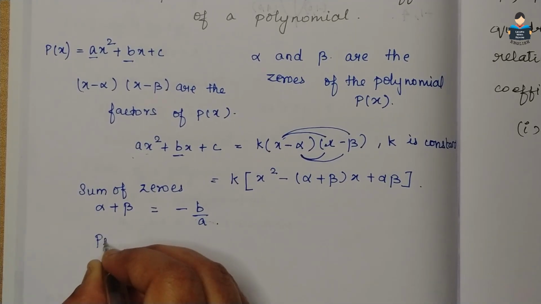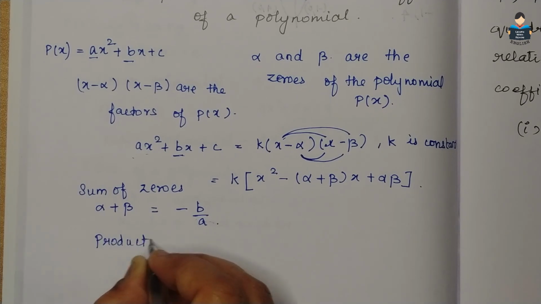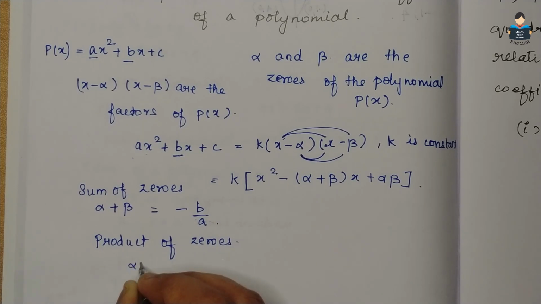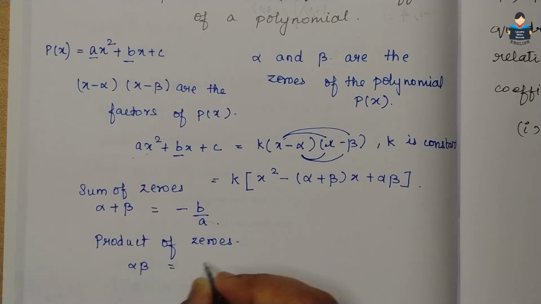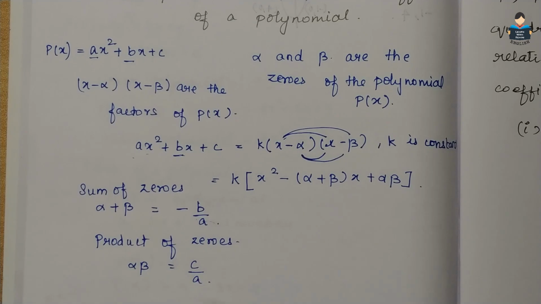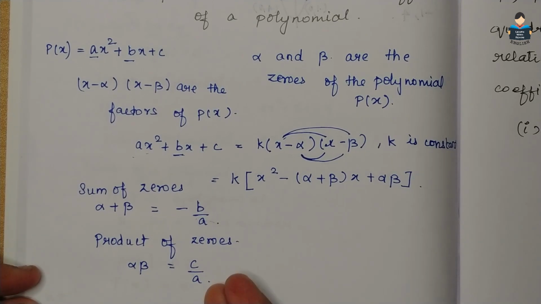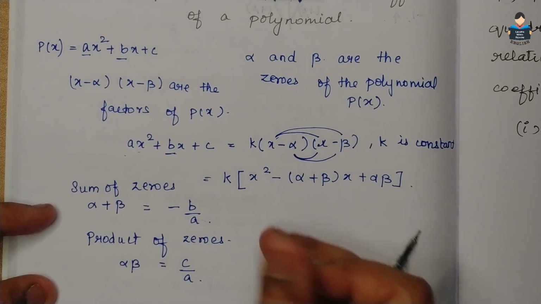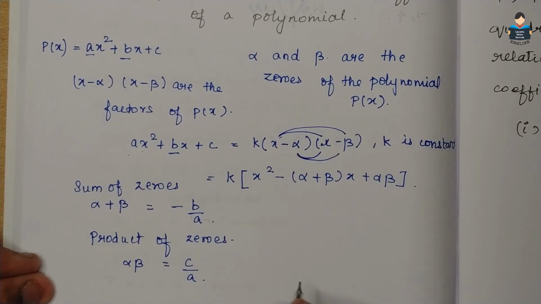Next is the product of the zeros. The product of the zeros is alpha into beta, and this is equal to c by a. This is a relationship or condition you should remember and memorize when solving the sums.